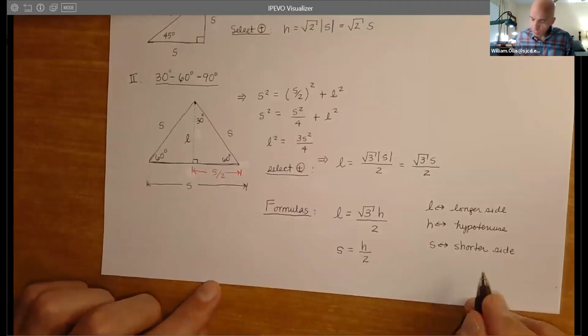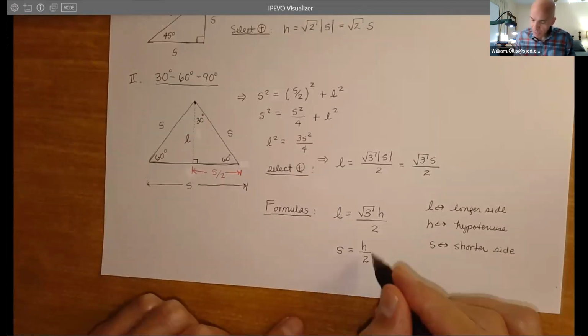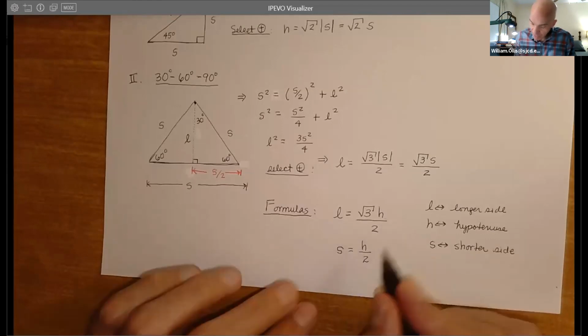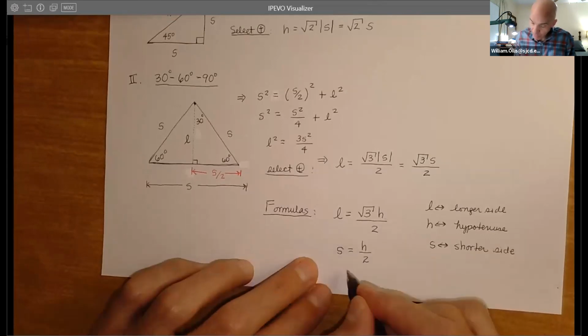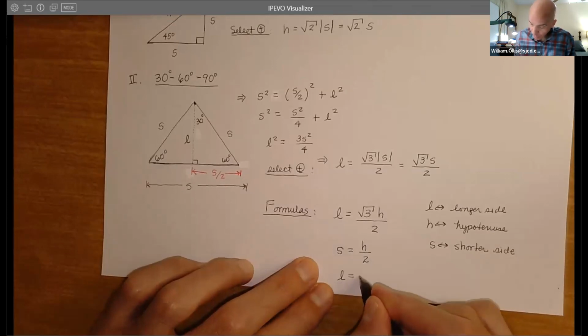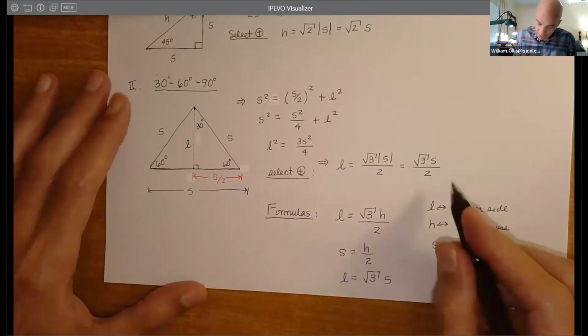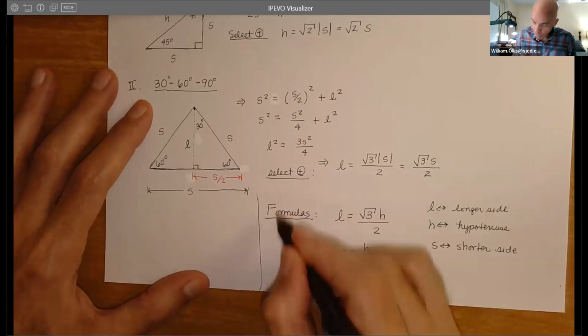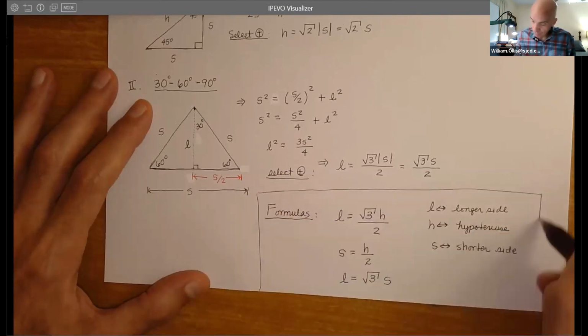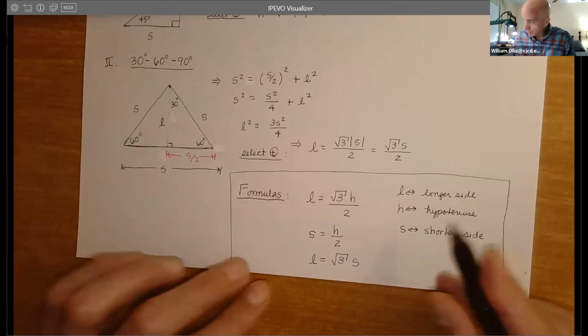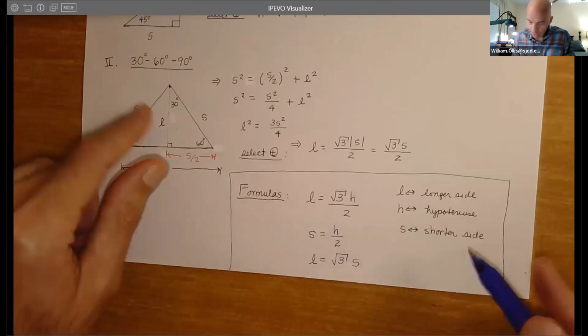Now, when we look at this and we say, okay, well, what does that mean? That means now that if we made a substitution here, the longer side is just the square root of 3 times the shorter side. So now with these labels for a 30, 60, 90 triangle, now we can do it. Let me just draw here. That was our computation.